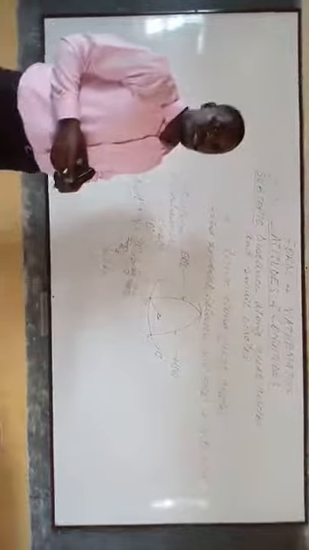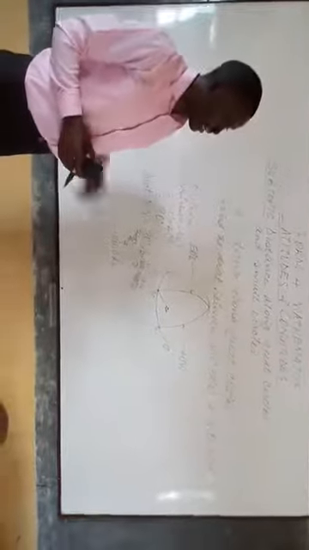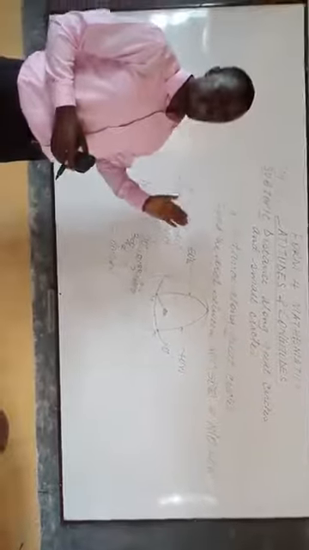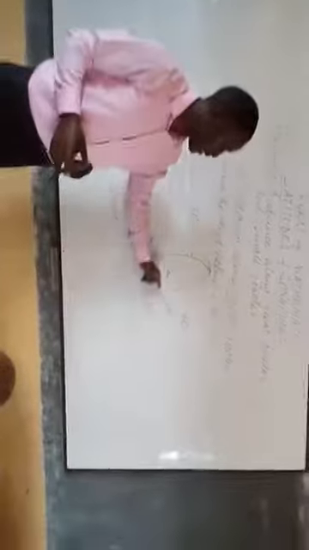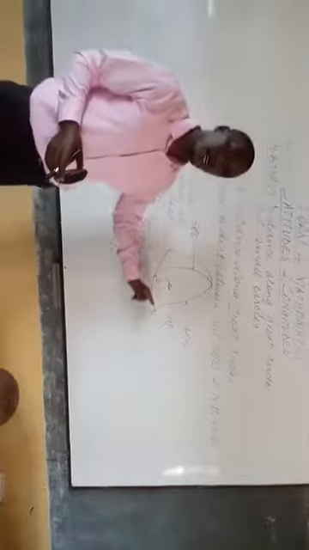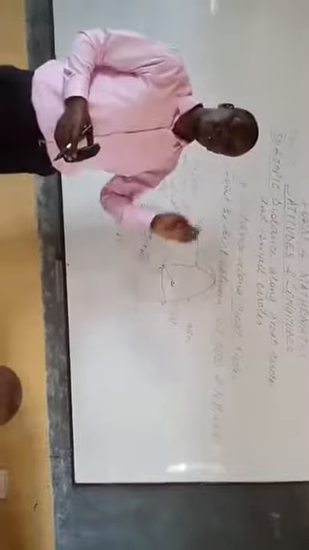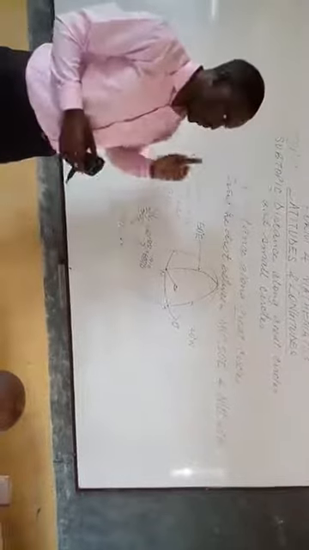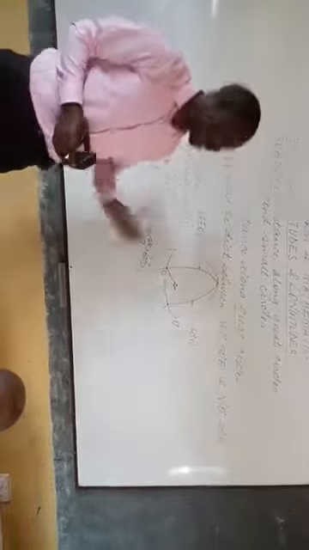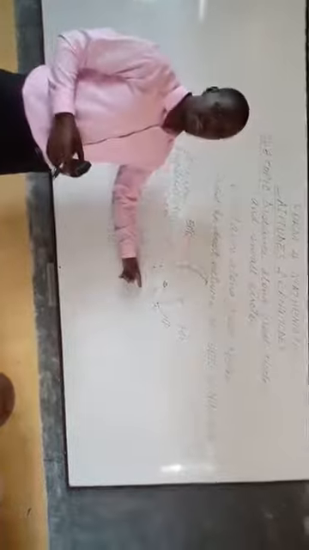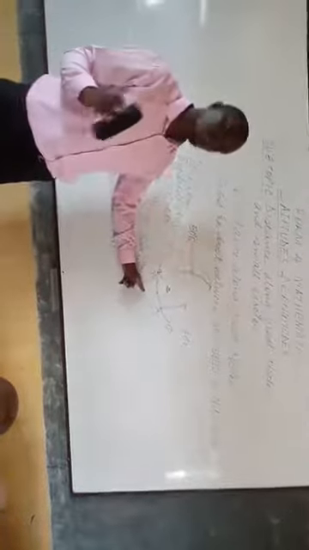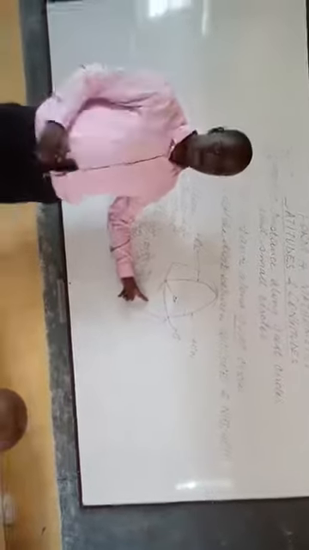Now, these are the key areas that I want to emphasize, as you might have noted. When you are calculating distance along the equator, when points lie on the same side of the Greenwich meridian, for you to get the longitude difference, we subtract.